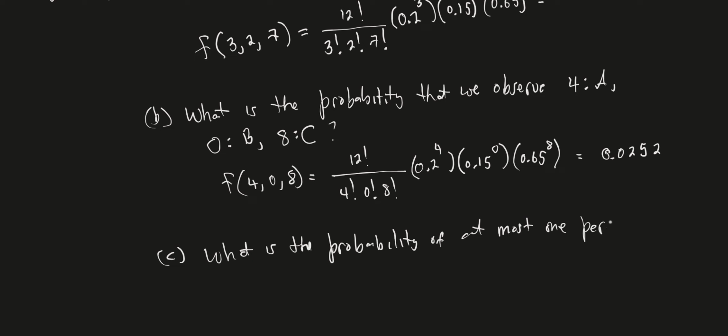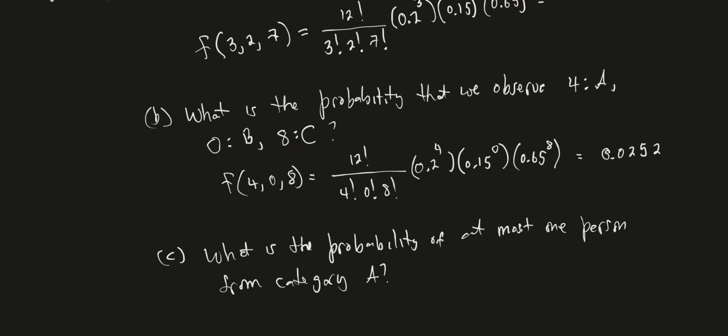Here, the only restriction is that we want to have at most one person in category A. That means we don't care what happens in the other categories.